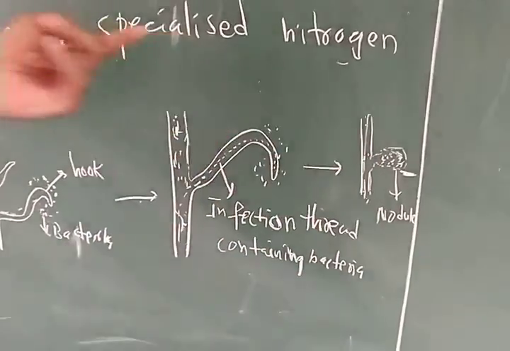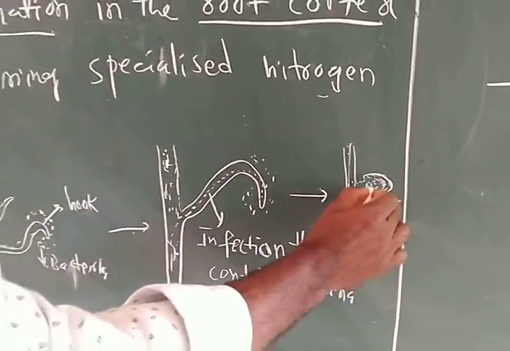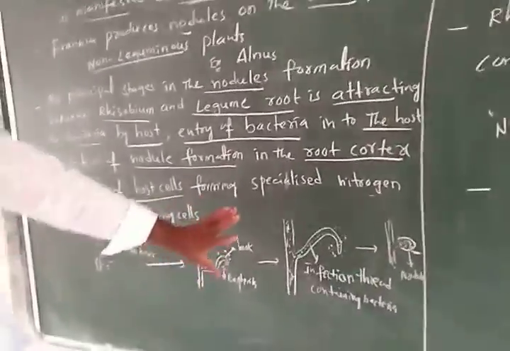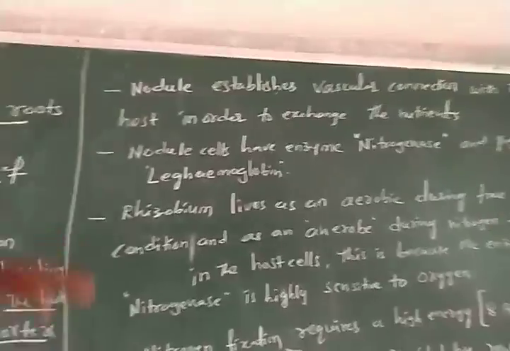Finally, it forms specialized nitrogen-fixing cells, which is called a root nodule. This is the process of root nodule formation in leguminous plant species.